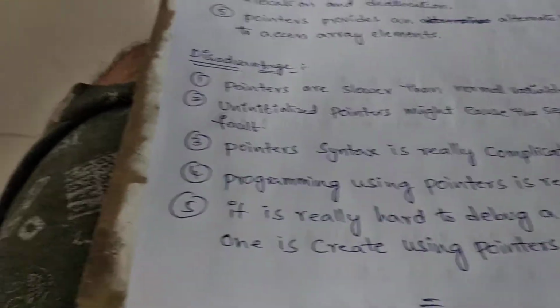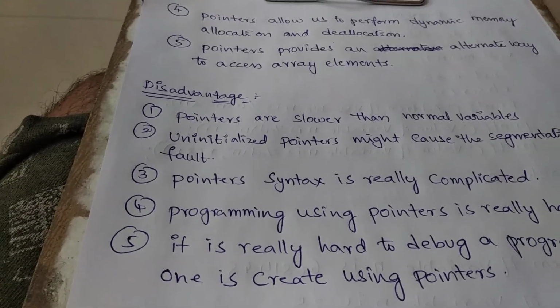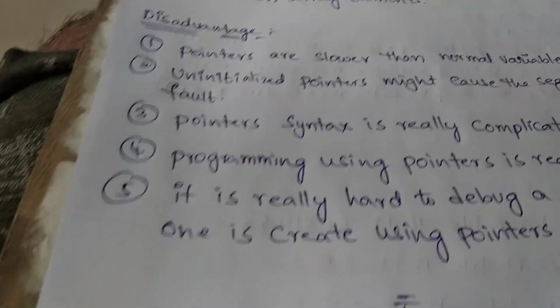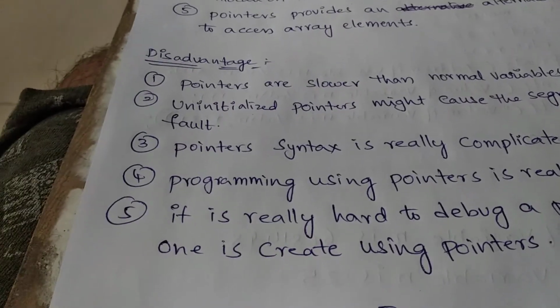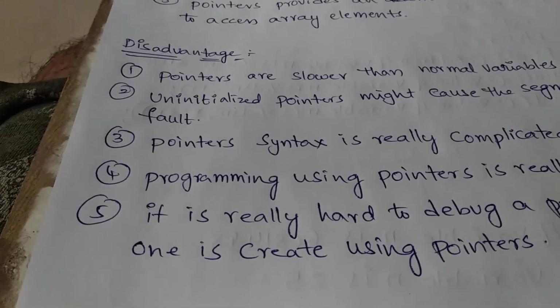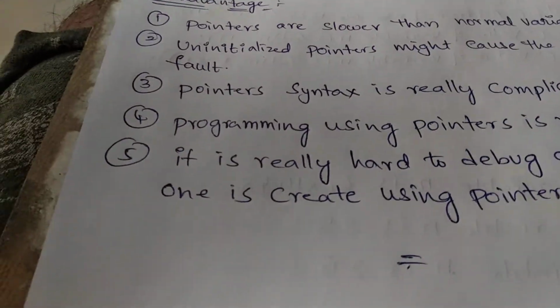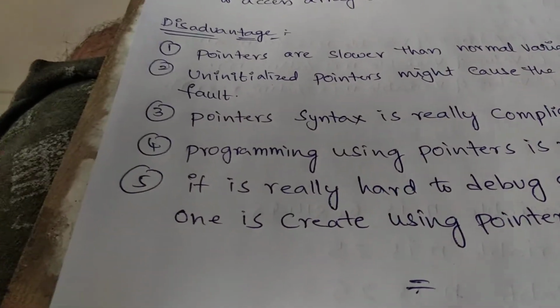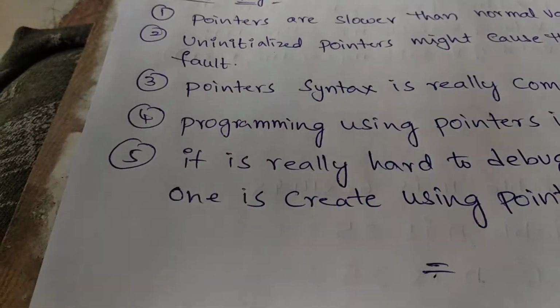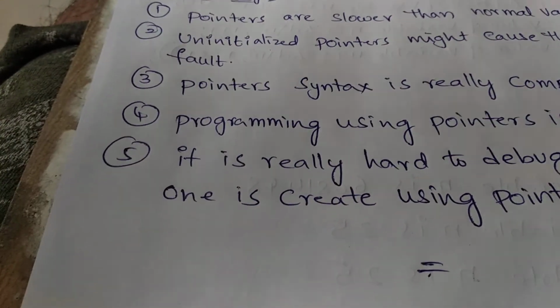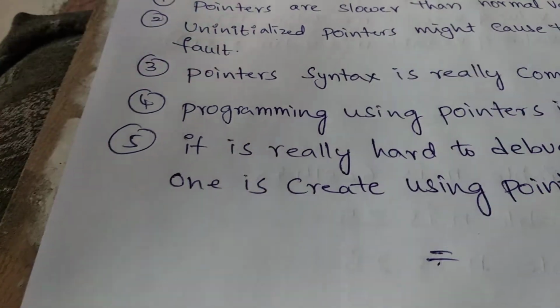Then what are the disadvantages of pointers? Pointers are slower than normal variables, because it takes the address of the variable, that is 2 times. Generally, for int x equals 25, the system reads the value directly, but with a pointer to some variable, it goes 2 times.